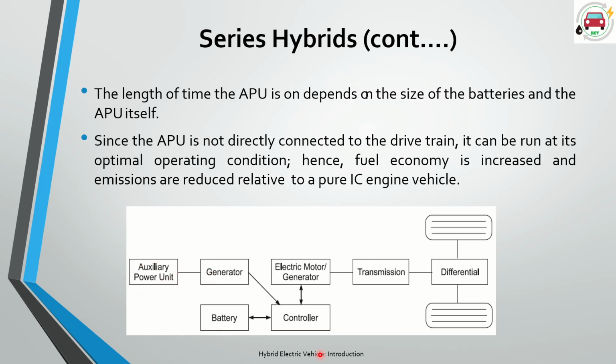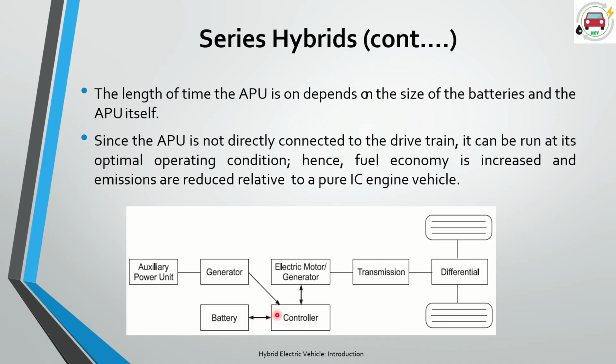So you can see here the block diagram for this APU, or hybrid electric vehicle. So, auxiliary power unit. Okay, it is directly connected to the generator. No clutch is there, nothing else is there. It is directly connected to the generator, and the generator is giving the power to the batteries through the controller, right?